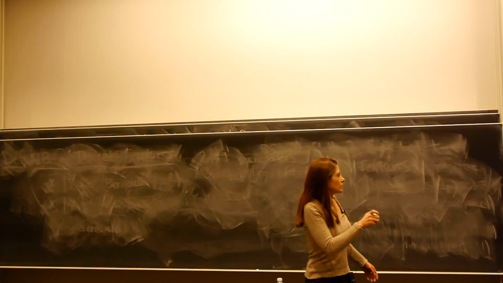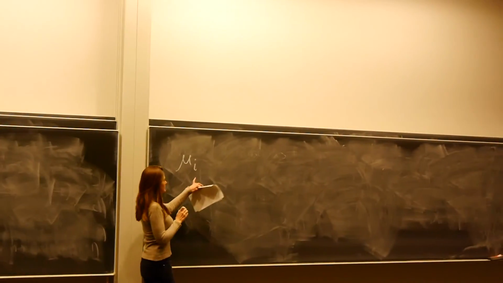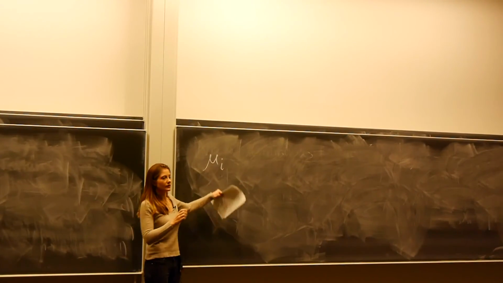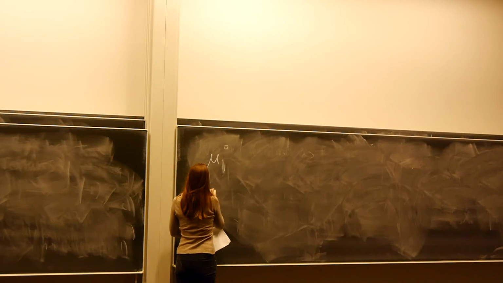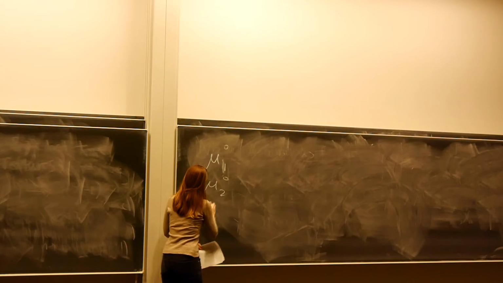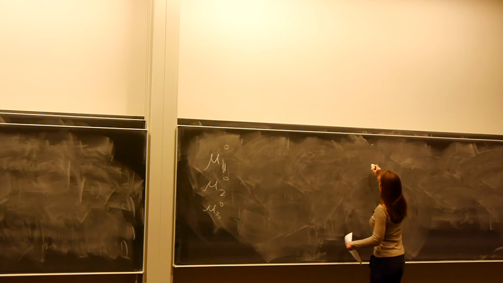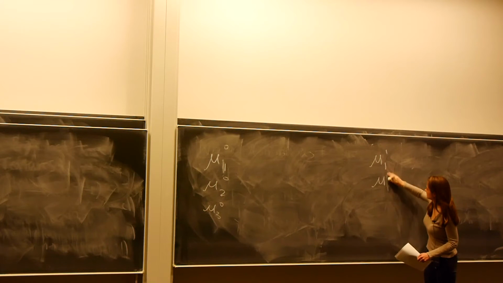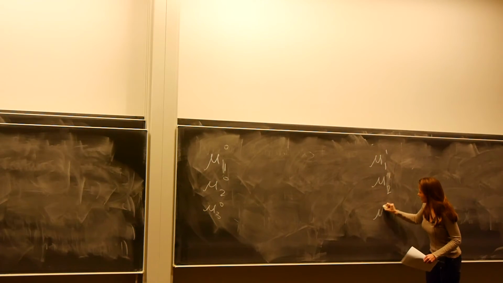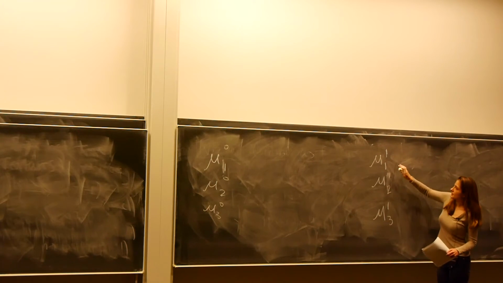Let me rewrite it so that it's clear. Mu sub i means for a particular i. Say you have 3 features. Then you'd have mu1,0, mu2,0, and mu3,0. And you'd also have mu1,1, mu2,1, and so on.